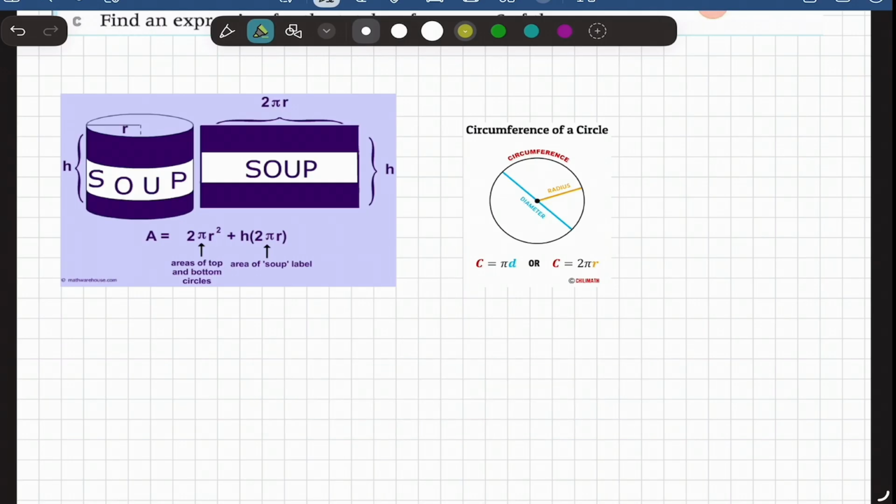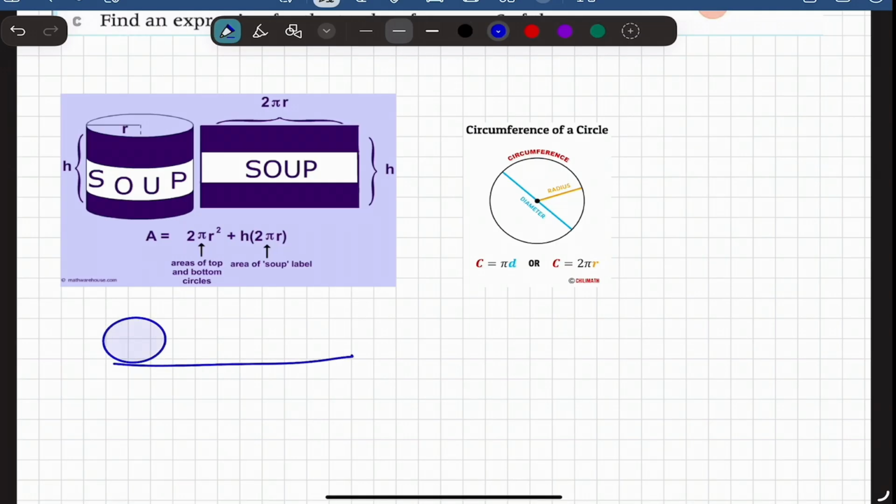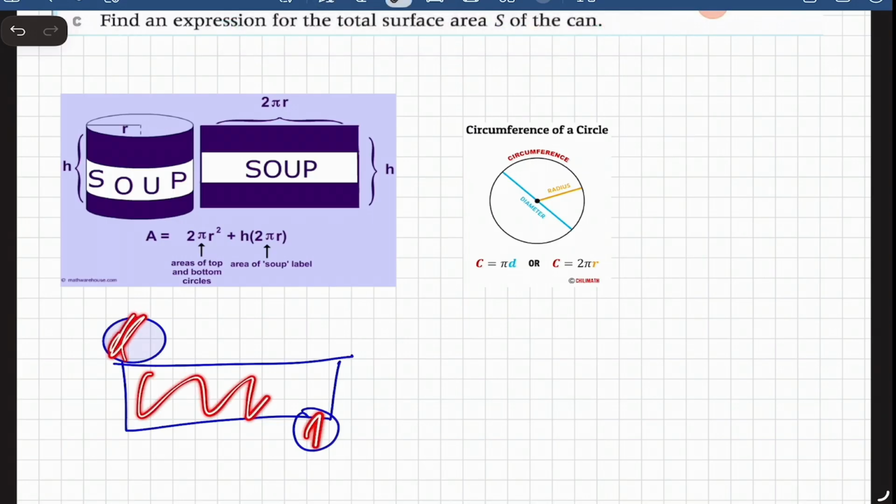When we need to build a cylinder, we need first a circle, then a rectangle, then another circle. So this would be the template to build our can. The template uses an area, that would be the surface area. If we sum this circle plus this circle plus the rectangle's area, this would be the surface area.